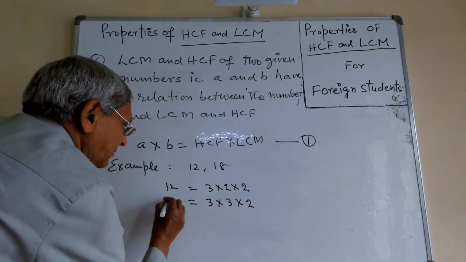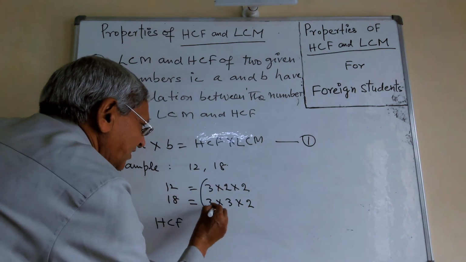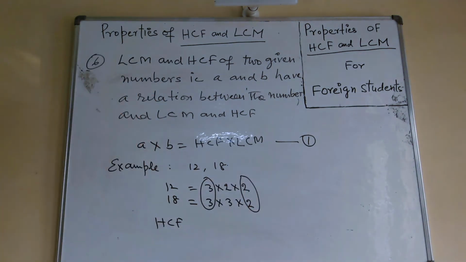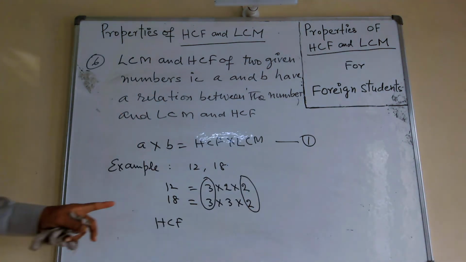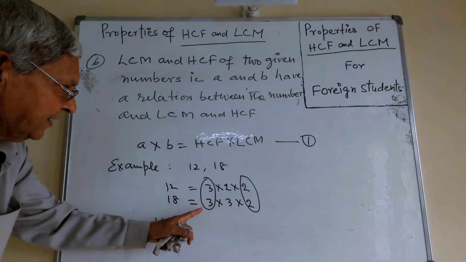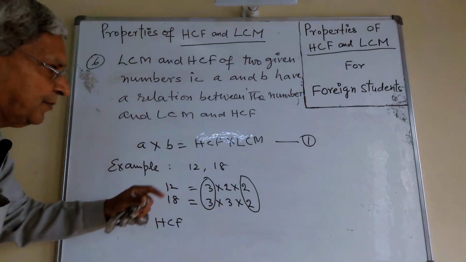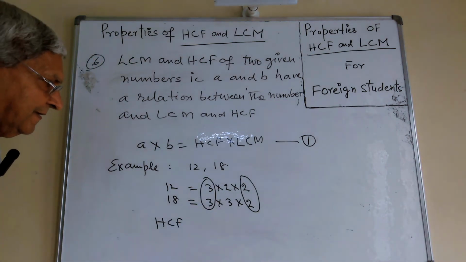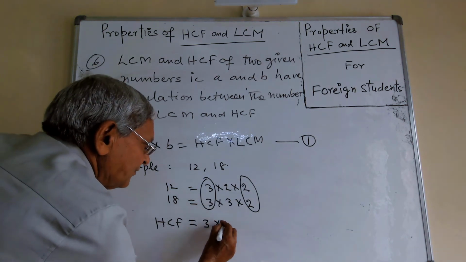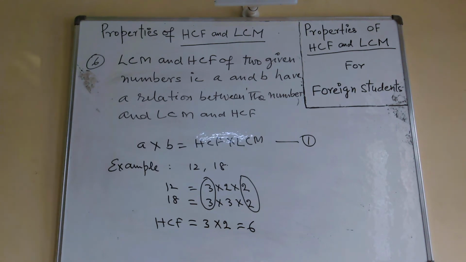This is 12 and this is 18. Now the common factors are here. I am finding the HCF with the help of prime factorization. Now 3 is the common factor and 2 is also the common factor, so HCF is equal to 6.